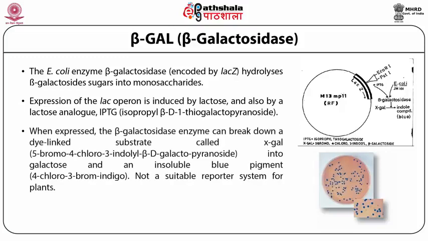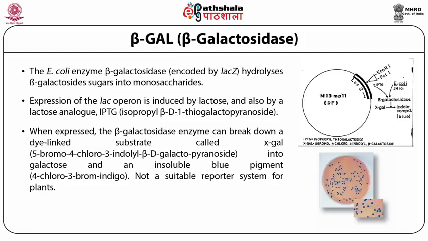When expressed, this beta-galactosidase enzyme can break down a dye linked to a substrate called X-gal. Its chemical name is 5-bromo-4-chloro-3-indolyl beta-D-galactopyranoside. When X-gal is cleaved, it converts to galactose and also an insoluble blue pigment, which is 4-chloro-3-bromo-indigo.